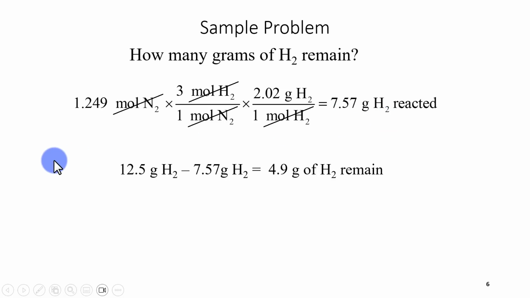Then the last step is going to be 12.5 grams of hydrogen, not 10. I was thinking of the previous problem, but 12.5 grams of hydrogen minus what reacted, this is going to be what's left over. So 4.9 grams of hydrogen will remain after all of the nitrogen is used up.